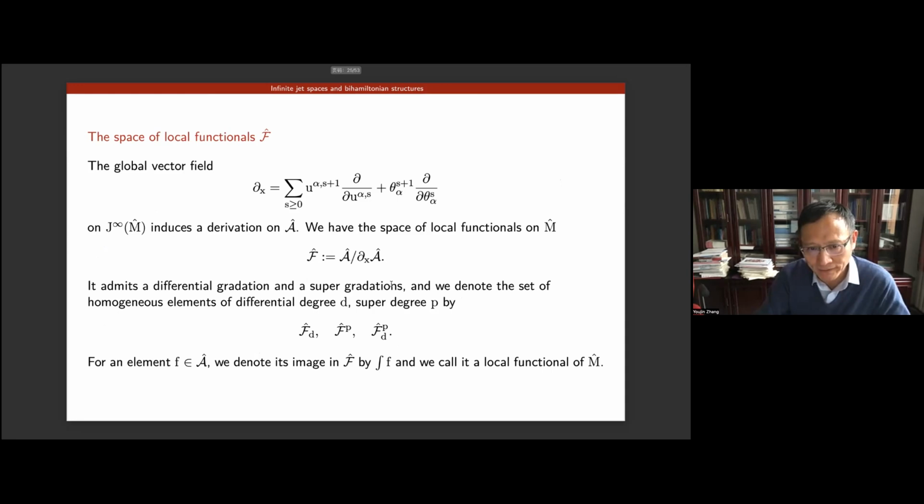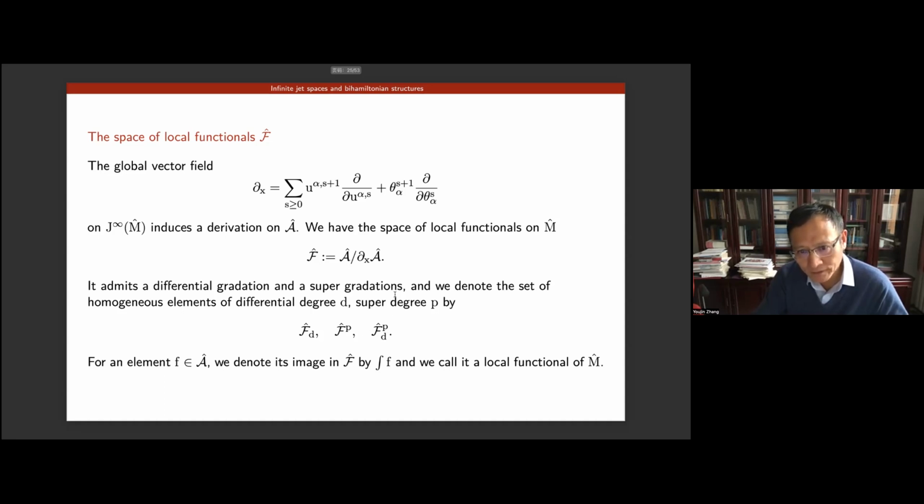One is given by the number of super variables, the super gradation. We also have a natural gradation given by the x derivative, the differential degree d. So we can decompose this space of local functionals according to these two degrees.